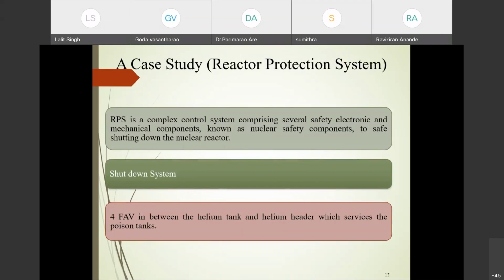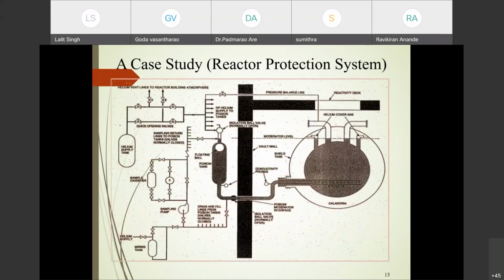Let us now take the case study of a reactor protection system, which is a complex control system comprising several safety electronic and mechanical components, known as nuclear safety components. It is basically used for safe shutdown of a nuclear reactor. Now let me directly switch to the pictorial representation or the schematic diagram of the case study.